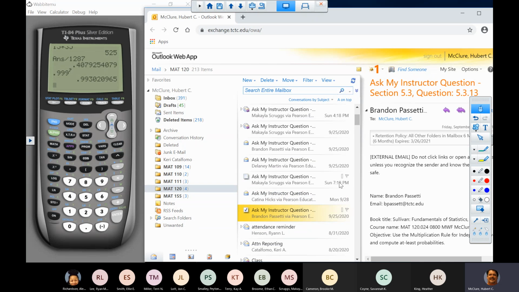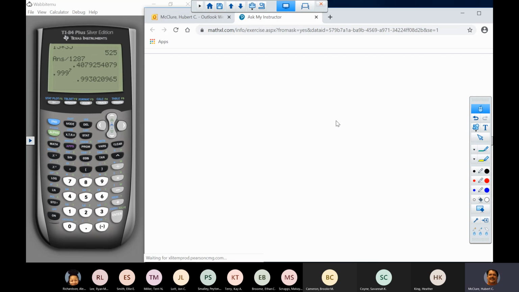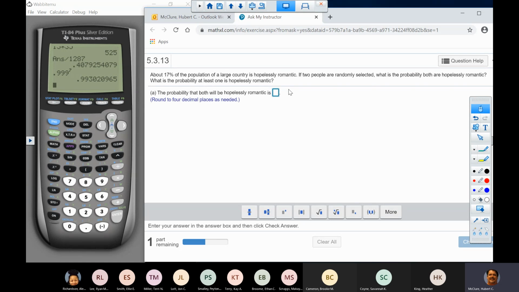All right, so this one is 5.313/8. I shouldn't be getting questions on 5.1 and 5.2, but I'm not gonna say anything. About 17% of the population is hopelessly romantic. If 2 people are randomly selected, what is the probability? Now, I'm only going to do A because this is kind of a complement question too. So what's the percentage they give us?